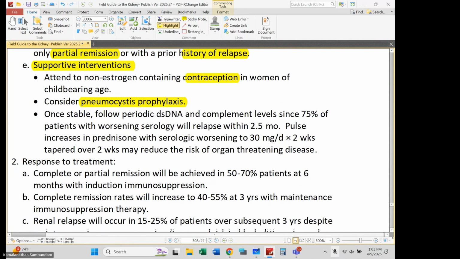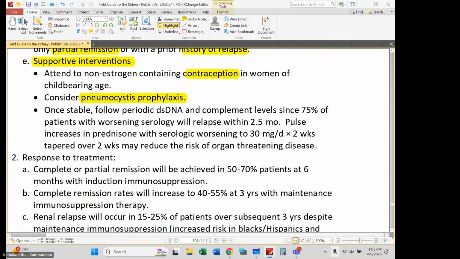PJP prophylaxis. Why non-estrogen containing? Thanks for the question. Why non-estrogen containing? Because, again, this is a disease of females. There is some evidence of increased relapse rates around the time of pregnancy, where estrogen levels are particularly high. And so estrogen theoretically is an inciting factor in lupus.